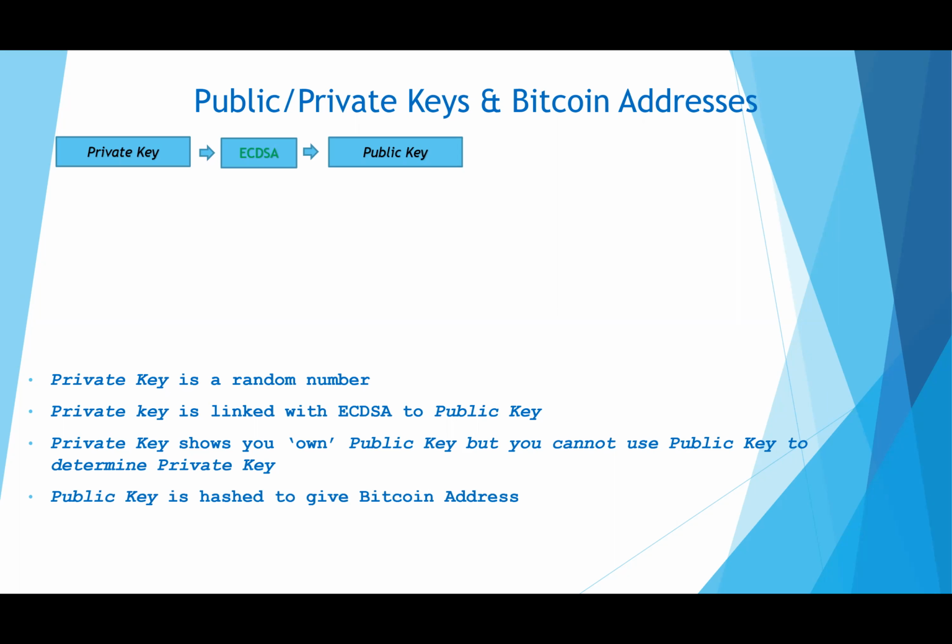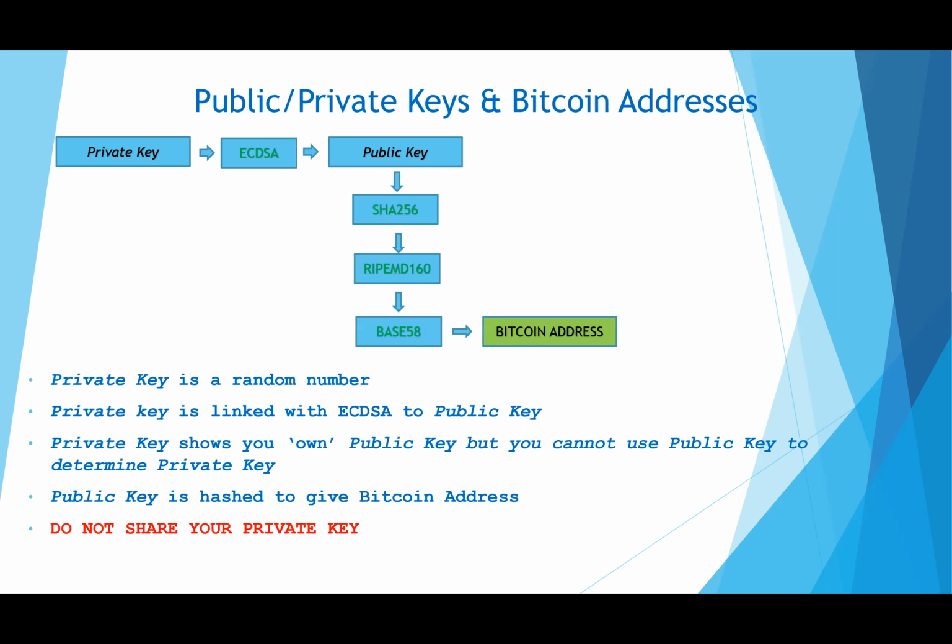And what we also do with this private key and public key, which are just like random numbers, is that you then hash the public key to give what's called a Bitcoin address. And actually it goes through a series of hashing. So you take the public key and do a SHA-256 encryption on it, then you do what's called RIPEMD-160, then you do base 58, and that gives you a Bitcoin address.